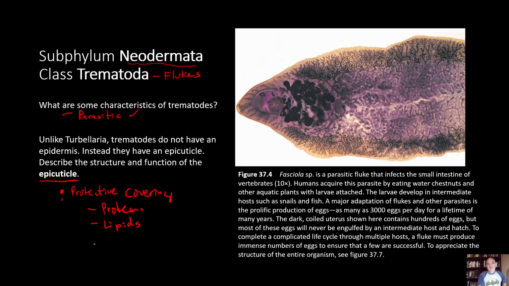Because these parasites are living inside the body, these proteins and lipids help protect the parasitic worm, because they are resistant to digestive enzymes. So if this parasite was in, let's say, an intestine where there were digestive enzymes, it's resistant to that.